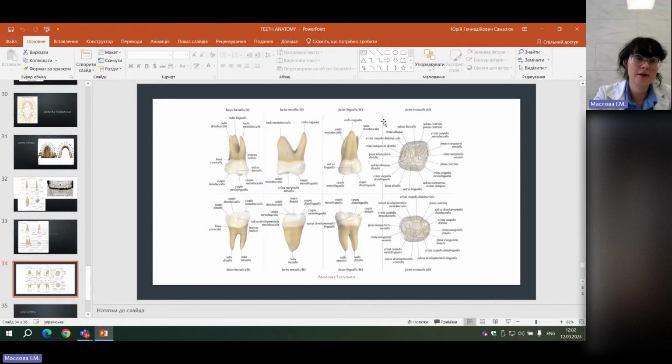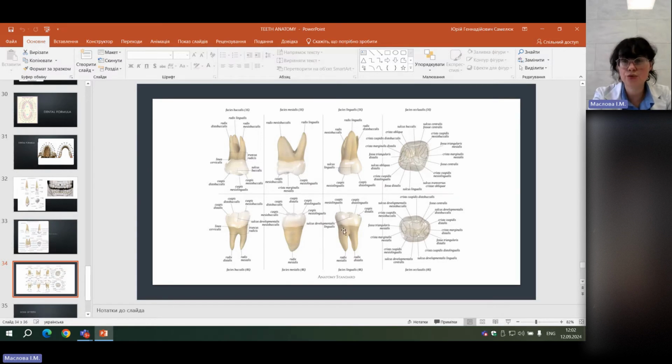Similarly, the lower molar, which you can see on the screen, has the mesial radix or root and the distal radix or root, and in this tooth you will find three root canals. It is the feature of the lower molars.